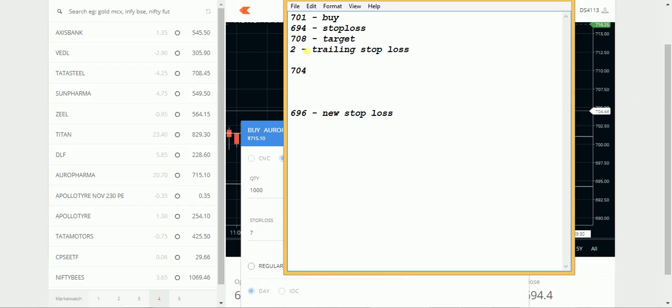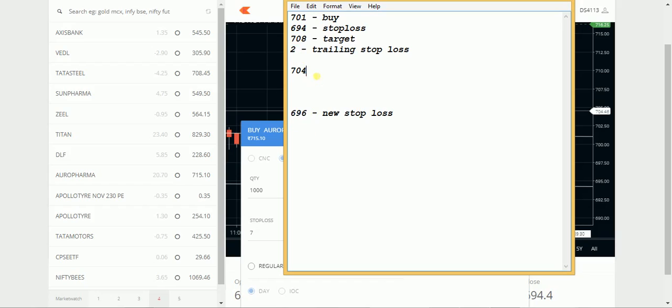Now say suppose my LTP, or the current price of this stock, moves in my direction by 3 points, so 701 becomes 704. So my new stop loss will also increase from 694; it will add 2 rupees, which will be 696.